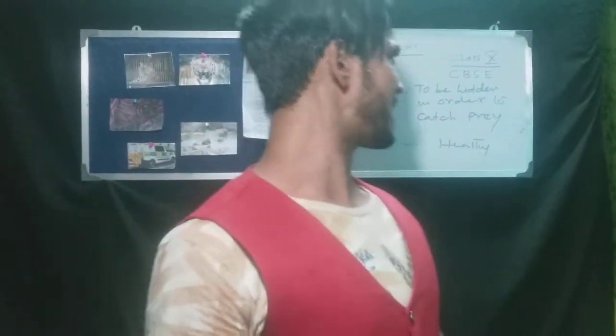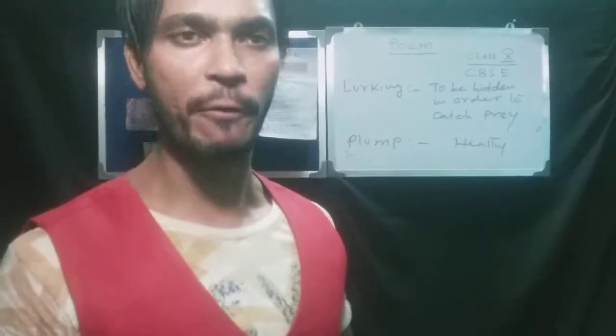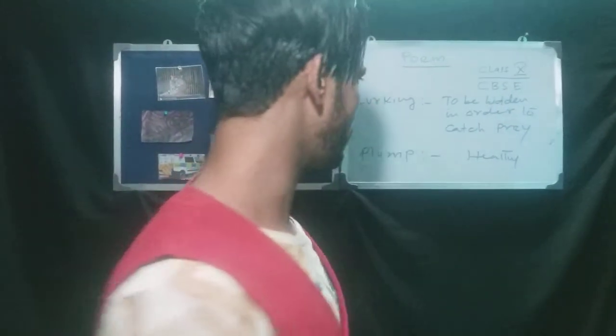Lurking means to be hidden in order to catch a prey. Here prey means deer, and deer is the favorite dish of the tiger, and plump means healthy.